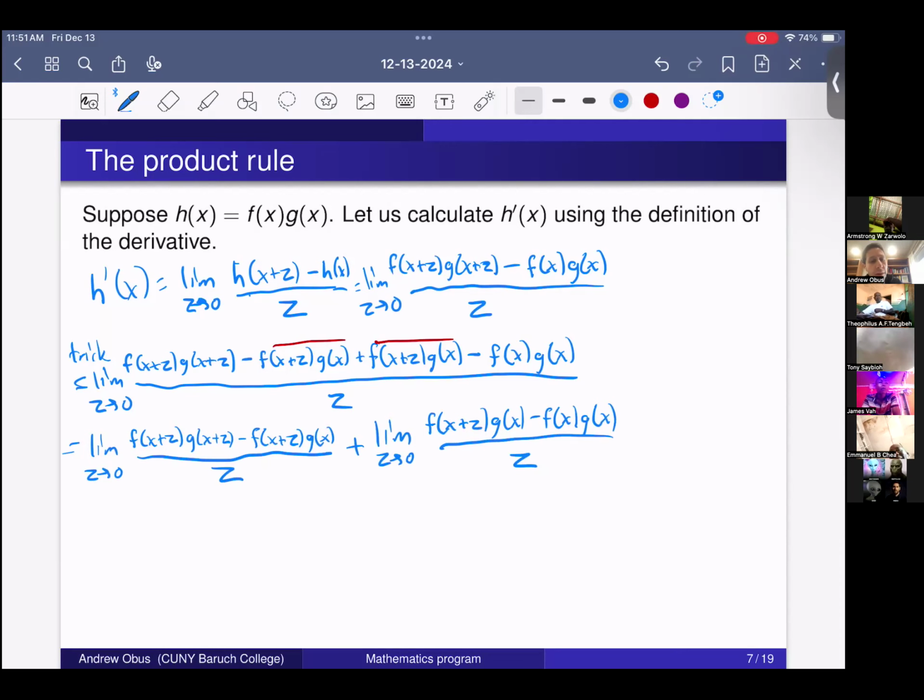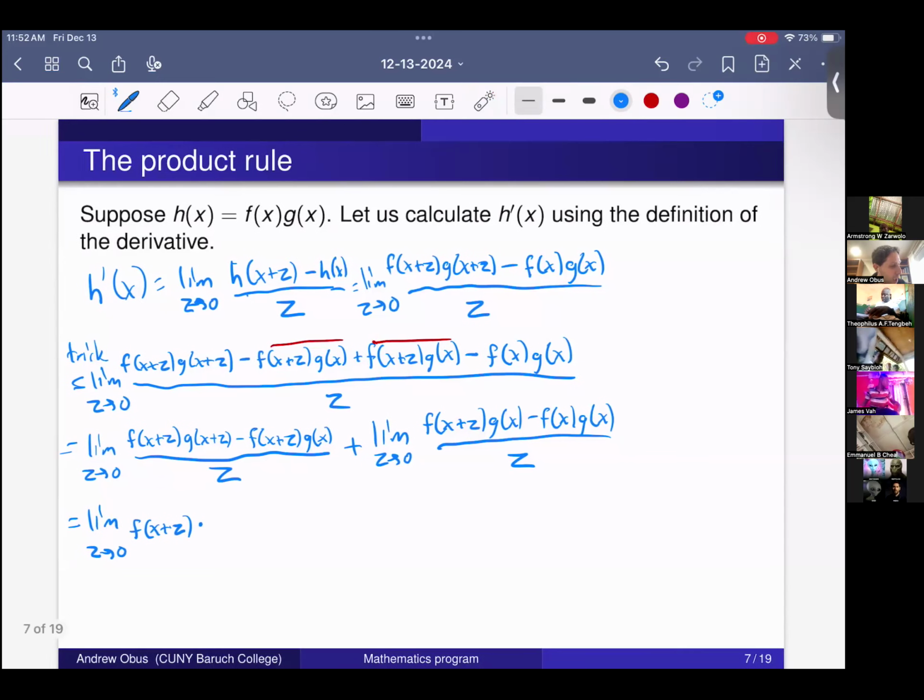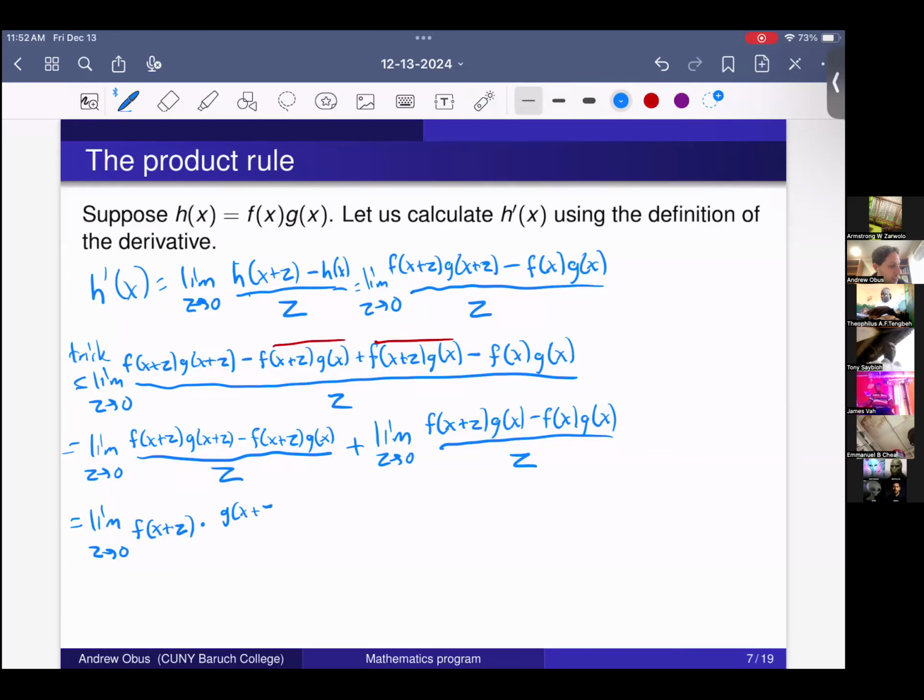Okay, so I have two limits here. I start with my definition of the derivative, I write what that means, and then I subtract and add the same thing, and that lets me write these two limits. And what's nice about this is that I have here an f of x plus z, which I can just take out, right? So this is equal to the limit as z approaches 0 of f of x plus z, that factors out, times g of x plus z minus g of x over z.